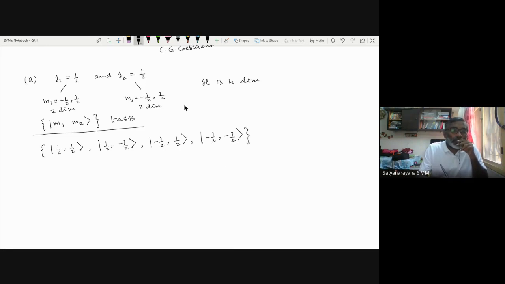Now we have already seen that this capital J can take values from modulus of half minus half to half plus half. So that implies it is equal to 0 and 1.